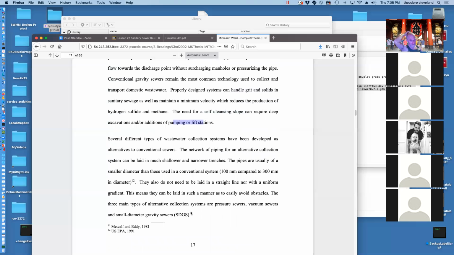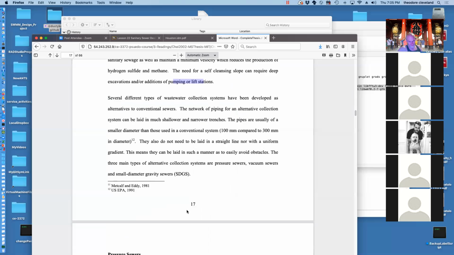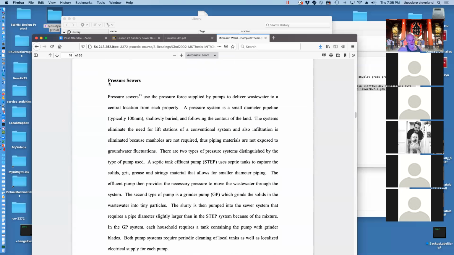There are alternatives to conventional sewers, and we're going to look at one of them, called a pressure sewer. A pressure sewer takes sewage and sends it through a macerator pump, which converts the sewage into a slurry, kind of like your garbage disposal, but on steroids. That slurry is forced through a one-way valve into the sewer system.